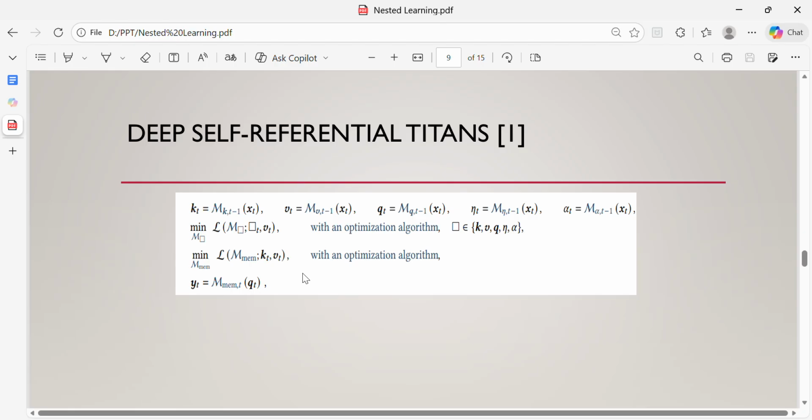This is what the optimization is all about. YT is equal to memory at qt. So we also compute YT here. YT is the output when the query is triggered at this memory at time t, right?